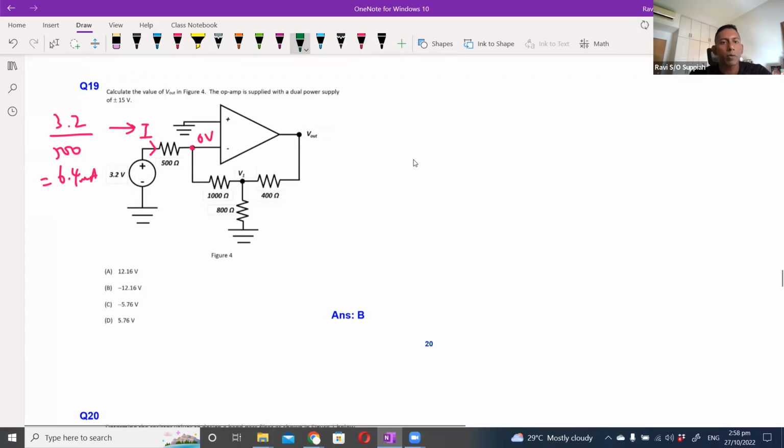And the same 6.4 milliampere is going to flow here, because no current is going to flow into the negative terminal of the op-amp.